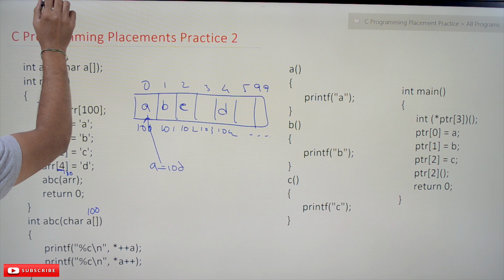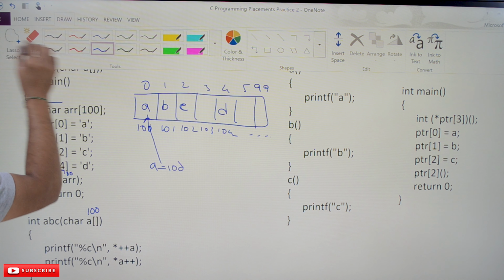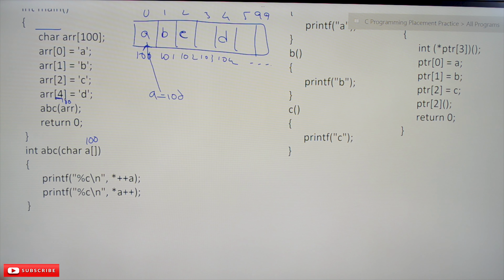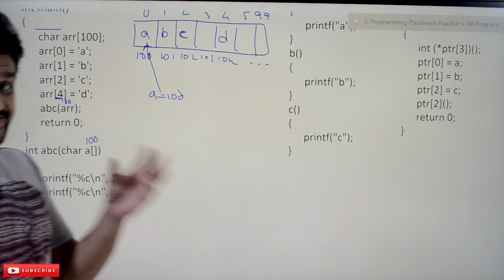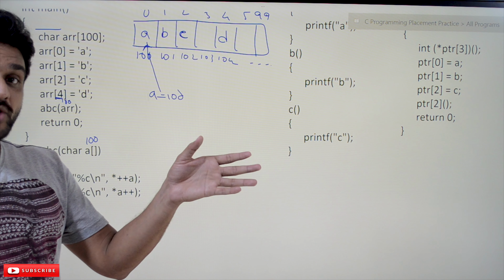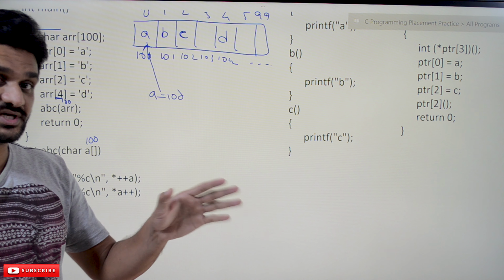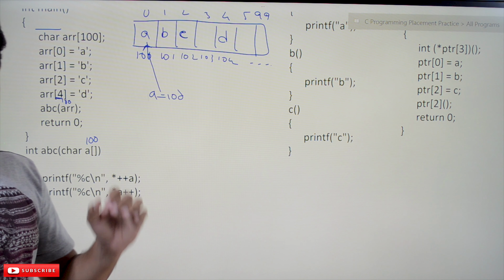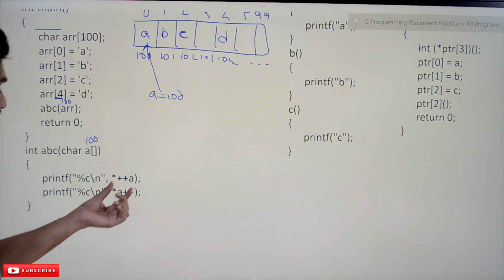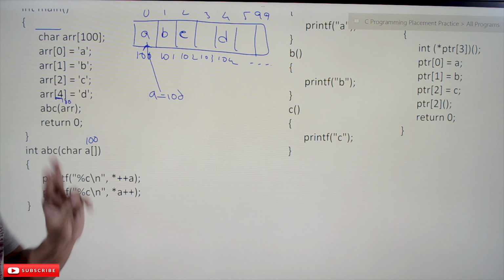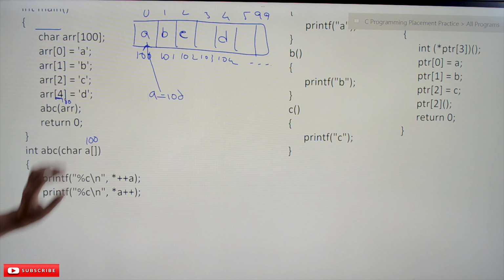While solving these questions, you should be very familiar with the precedence table, which operator comes first and which operator comes next. That concept is very important. The next is how pre-increment and post-increment work. These are the two concepts needed to solve this problem.